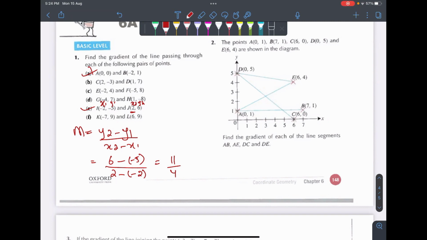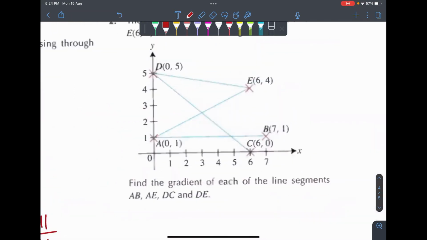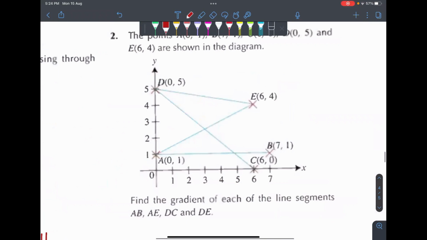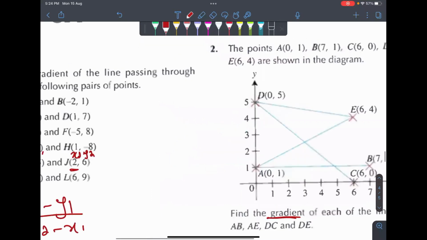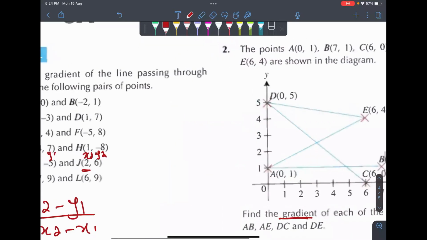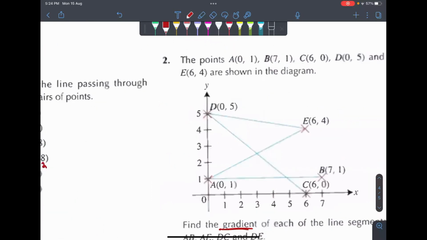Now, if we come to question 2, we can see that they're still asking for gradients. So for gradient, it's not just important that you have coordinates, you can have lines as well. If you remember, I gave the concept from a line as well. So let's find the gradient of CD.